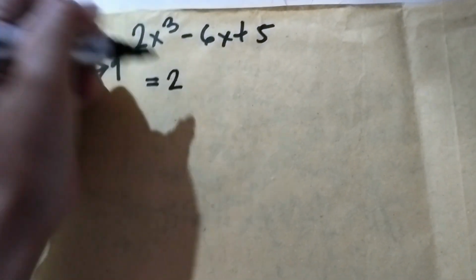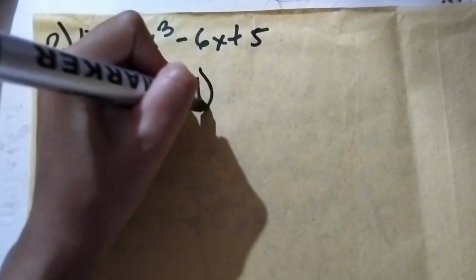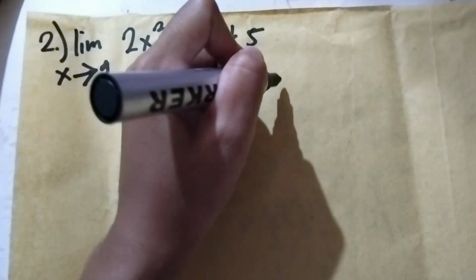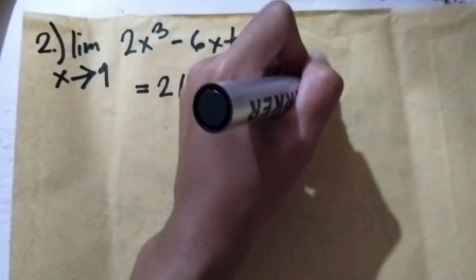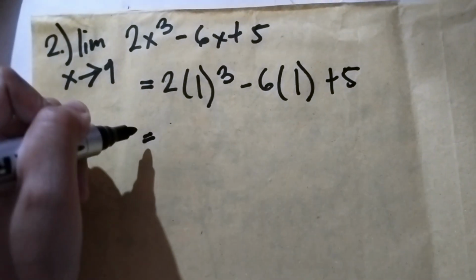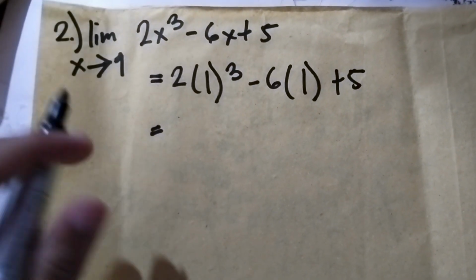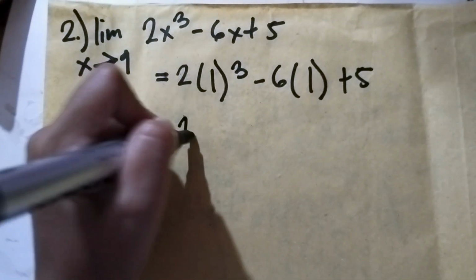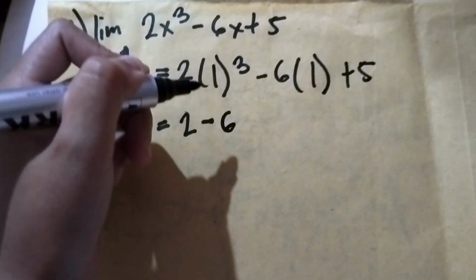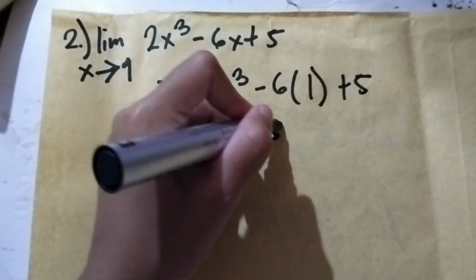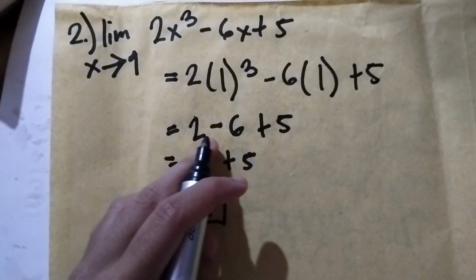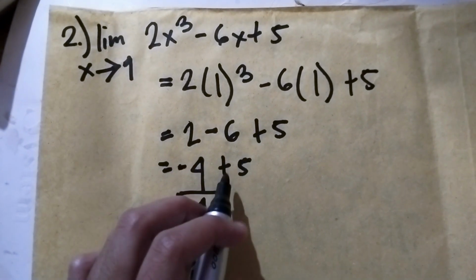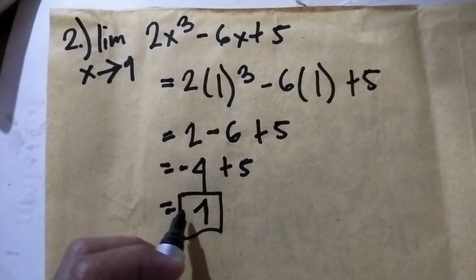So, 2, substitute the value of x, which is 1, cubed, minus 6, substitute the value of x again, which is 1, plus 5. So 1 cubed is equal to 1. So 2 times 1 equals 2. Copy the 6 plus 5. 2 minus 6 equals negative 4. Copy the 5. Negative 4 plus 5, so our answer is 1.